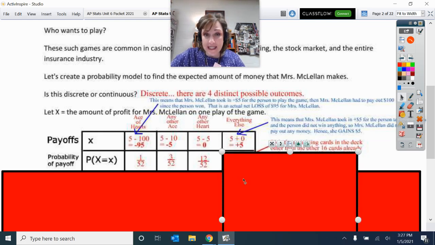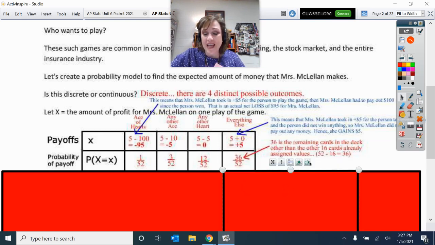But how frequently does that happen? Well, everything else. And everything else is 52 cards minus the 16 ways already accounted for in the first 3 boxes here. So there were 16 ways that you could win, break even, and 36 ways you could lose.